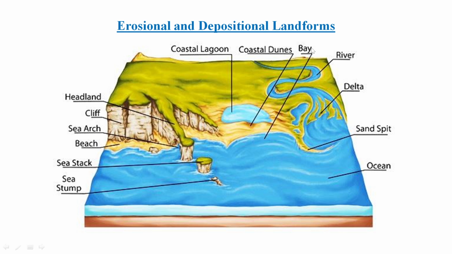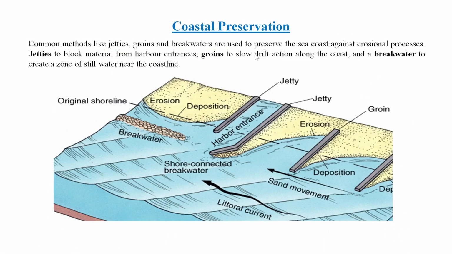The river is transporting material, so the material is getting deposited at the delta, so the delta is also a depositional landform. Then you can think of a bay, and obviously a bay barrier that might result in the formation of coastal lagoons.